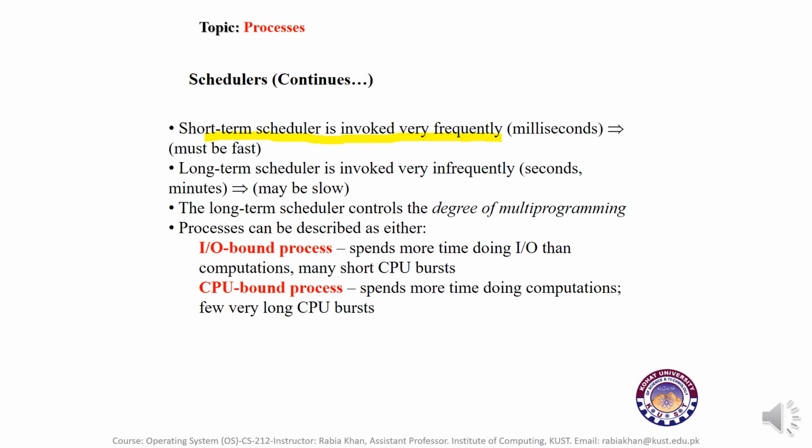The short-term scheduler very quickly organizes your RAM, deciding which one is to be executed next. It is quite fast, it gets invoked in milliseconds, and that is why it is known as the short-term scheduler.